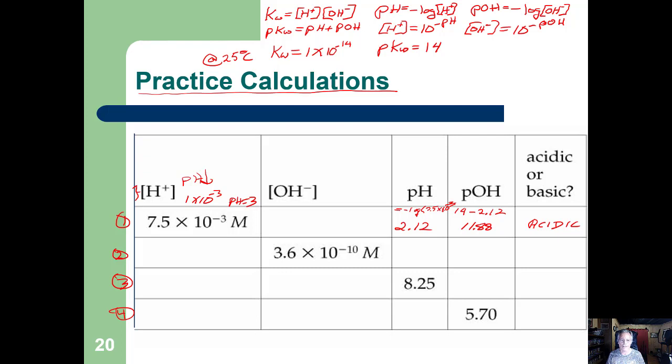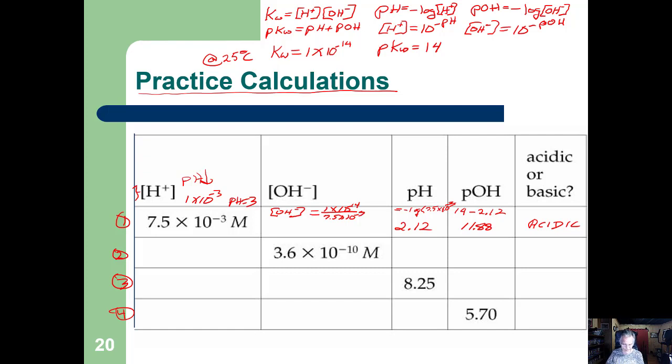To get the hydroxide ion concentration, I think we'll use Old Faithful here: Kw equals H plus times OH minus. I'll use something else next time. What I want is the hydroxide ion concentration, so all I'm going to do is divide Kw by the hydrogen ion concentration. Kw is 1 times 10 to the minus 14, and the hydrogen ion concentration is 7.5 times 10 to the minus 3 molar.